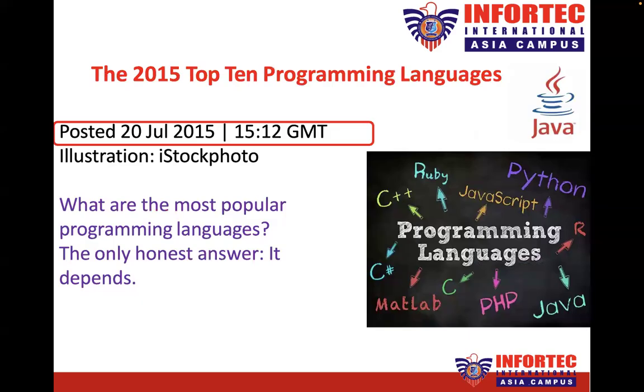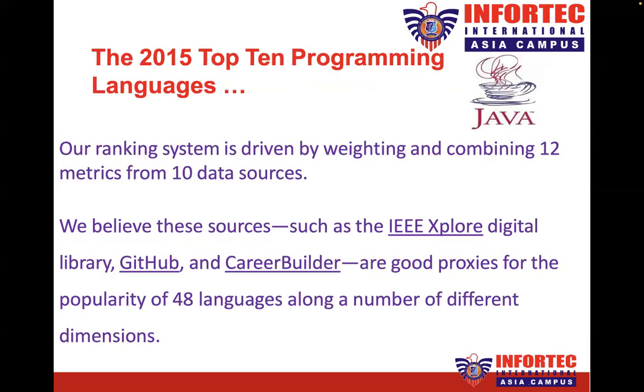And then this is about the popularity of Java. If someone asks you what the most popular programming languages are, the only honest answer is it depends. Yes, it depends. You can say Java is best, I can say no, Python is best. It depends on the requirement, it depends on the problem. So we have to think about all these sides in order to understand popularity.